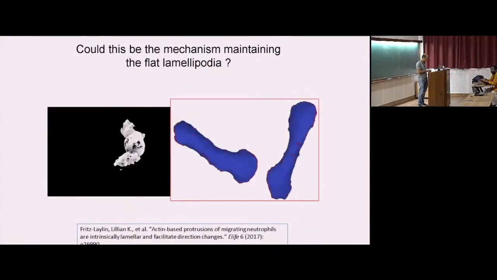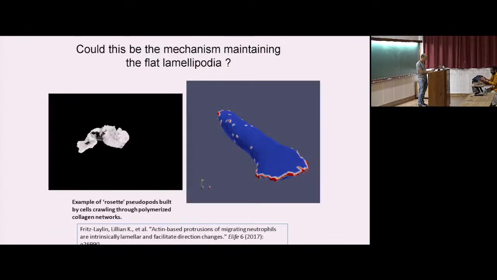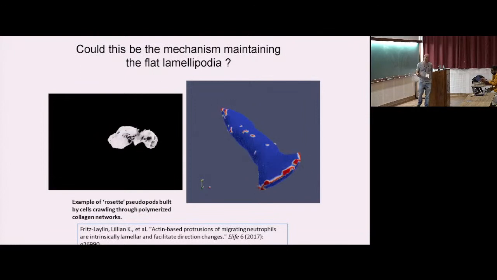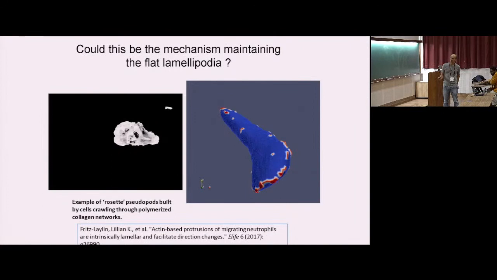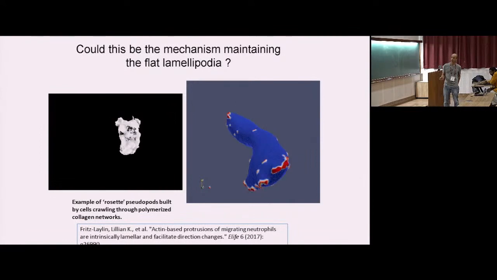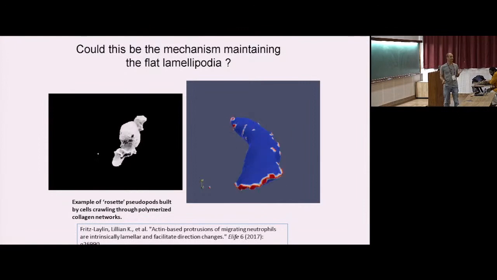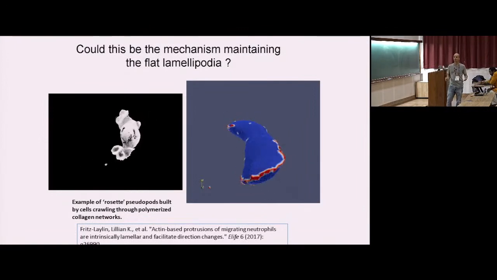So if you look at movies of cells that are moving through a gel, this is a very beautiful light sheet movie. You can see that the cells spontaneously form these sheet-like protrusions, which you can call lamellipodia, you can call them ruffles, but they are certainly very flat-like. And the question is, of course, what makes them, and why are they so flat?